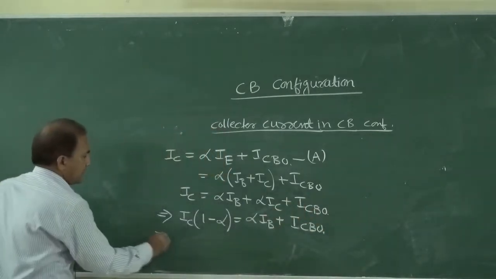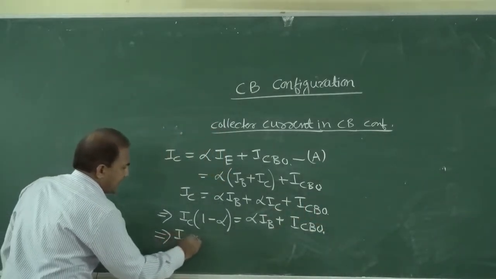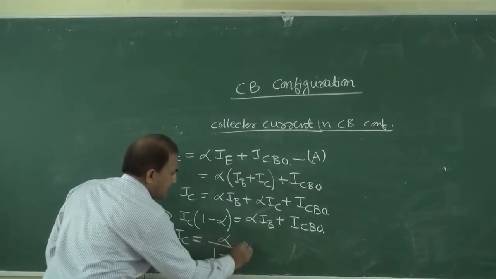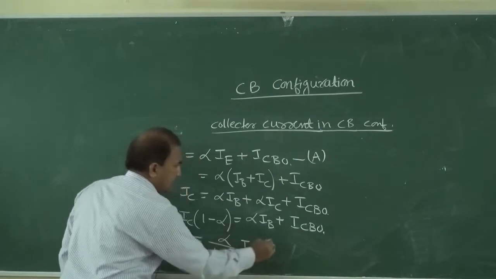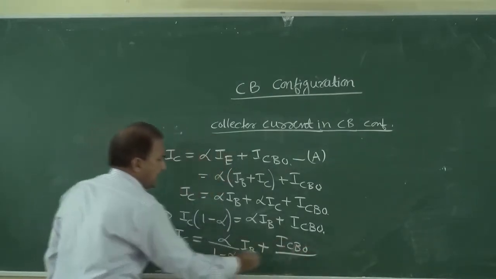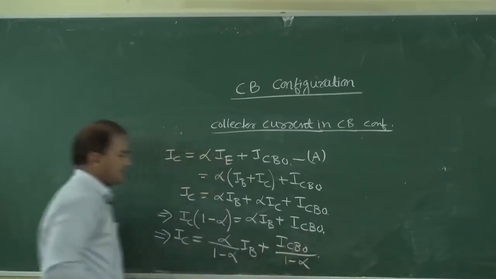From this we get IC equal to alpha divided by (1 minus alpha) times IB plus ICBO divided by (1 minus alpha).